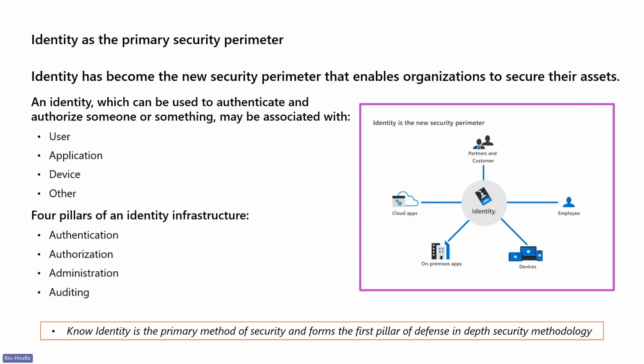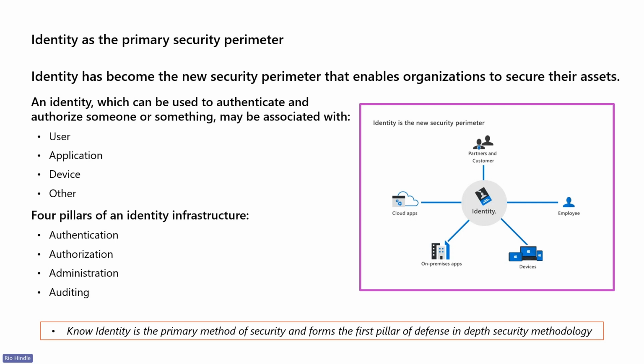But the physical security no longer is in play, and identity is now at the forefront of everything we do in security. I want you to think of identity as an umbrella term. Identity is not just a user account, it can be an application, a device, it can be anything which has an association of an individual or something trying to prove who they say they are.